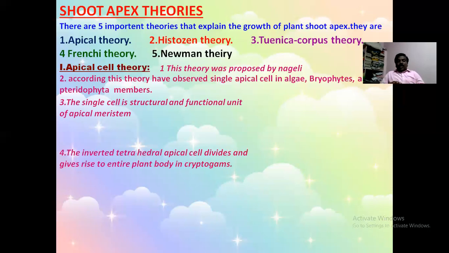The inverted tetrahedral apical cell divides and gives rise to the entire plant body in cryptogams. This single cell has a tetrahedral shape, and these cells divide and give rise to the entire plant body in cryptogams.